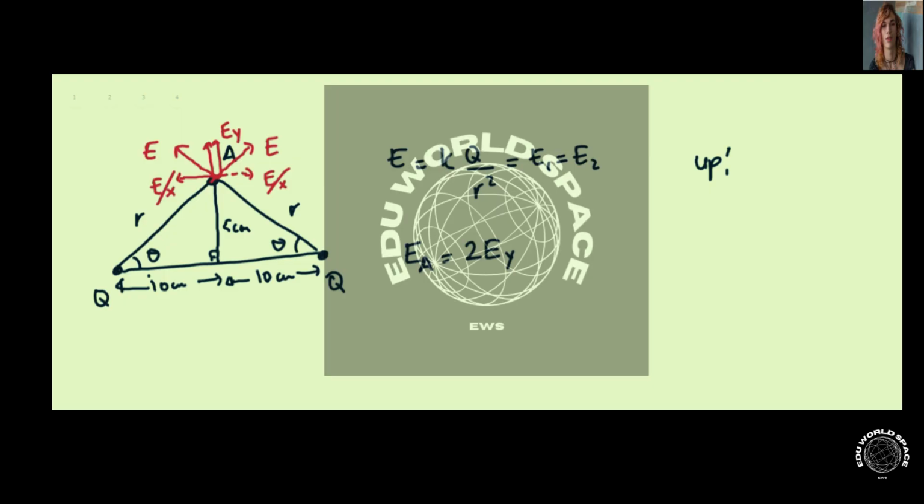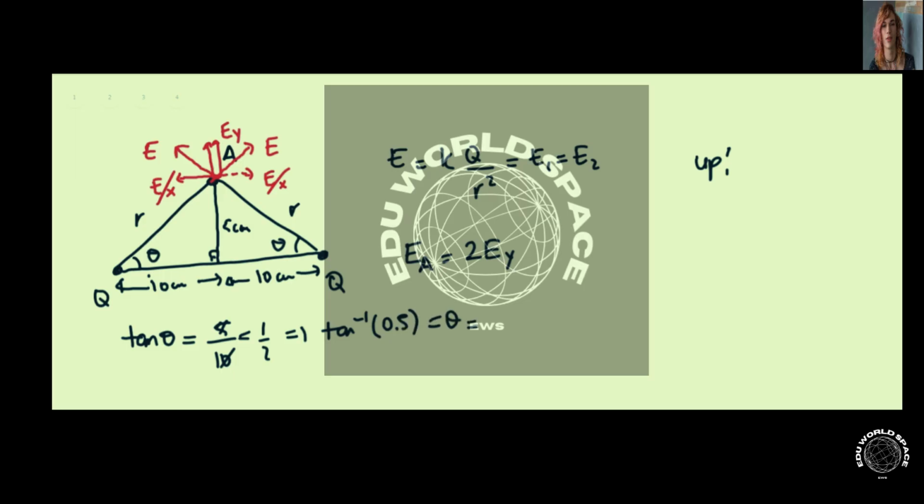So let's calculate what E sub y is here. In order to answer that, obviously we have to find what this angle is. The angle can be found using the tangent. Tangent theta is going to be equal to 5 over 10, which is 1/2, so theta equals tangent inverse of 0.5.